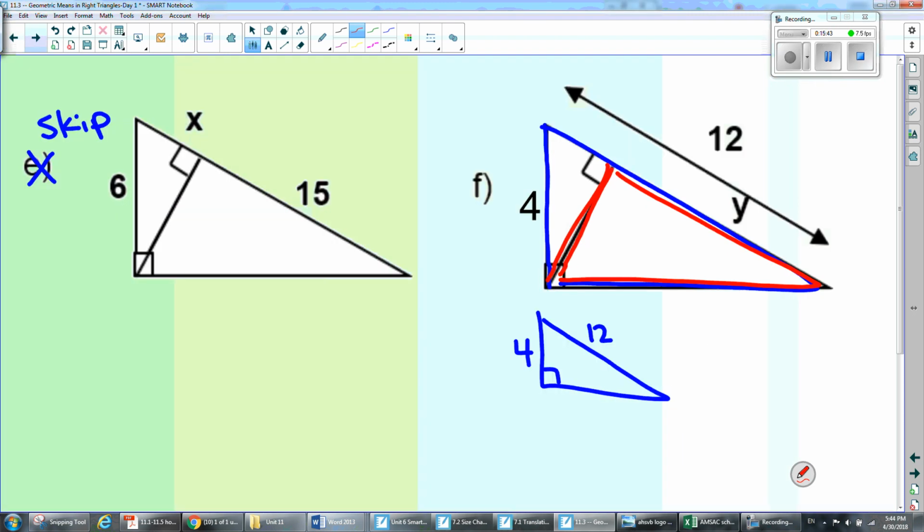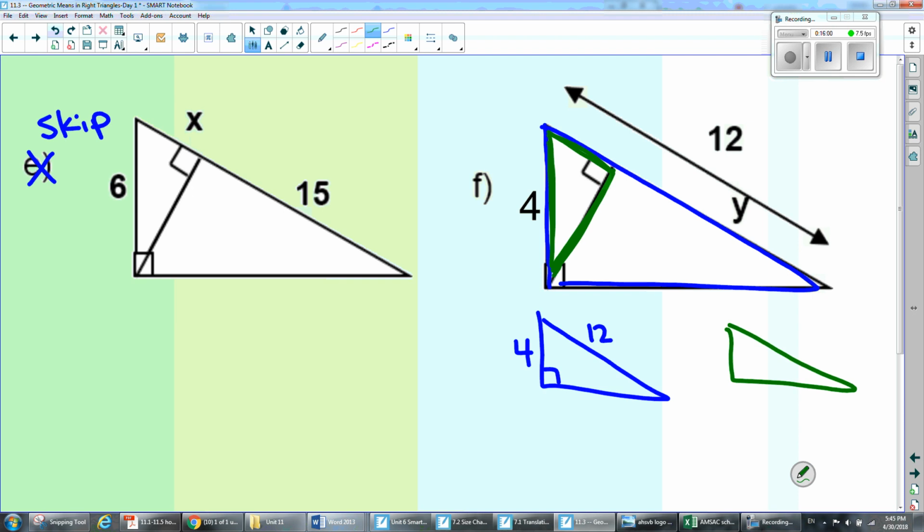Okay. What we do know is that, in our triangle in green, we know two sides of this triangle. We can see that the hypotenuse is 4, and we can find this leg here by taking 12 minus y.